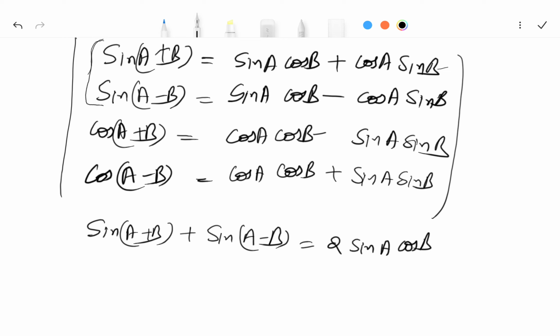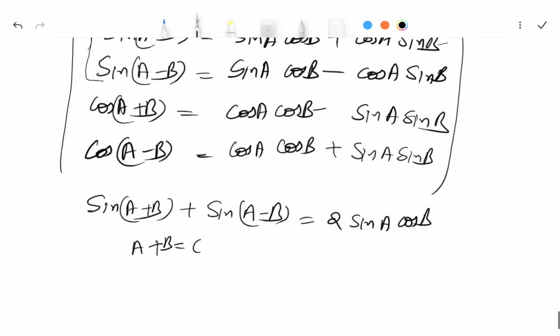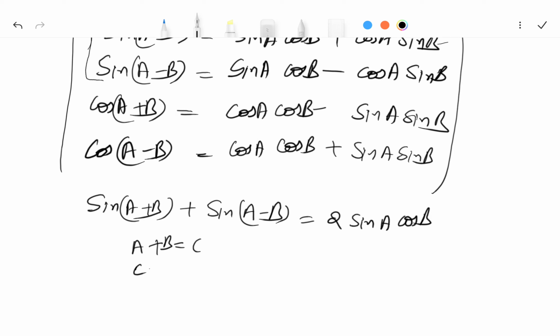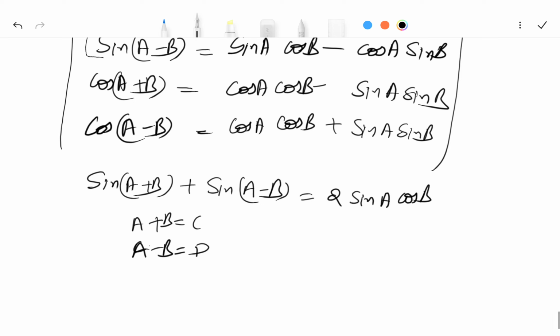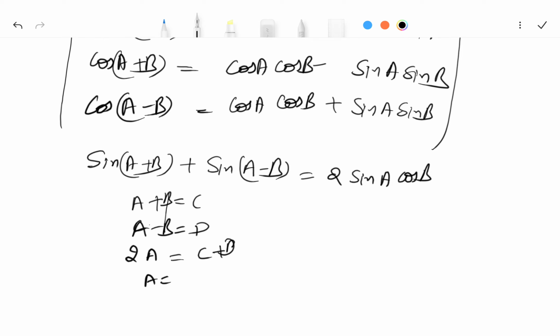And if I substitute A plus B equal to C, A minus B equal to D, then if I add both the sides, what will I get? I will get 2A, the B and B will cancel out, and it is equal to C plus D. And what is the value of A? It is equal to (C plus D) by 2.